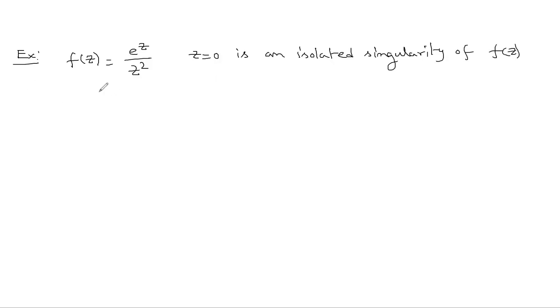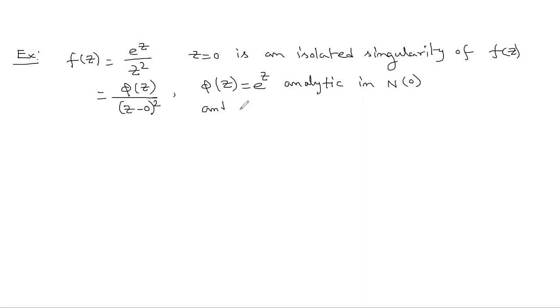Now here we can say this can be written as phi(z) by (z minus 0) power 2, where phi(z) is e power z, which is analytic in the neighborhood of 0. And the second important point is phi of 0 must be not equal to 0. So it is e power 0, which is 1, which is not equal to 0. So all the criteria are true. So here we can conclude z equal to 0 is a pole of order 2.